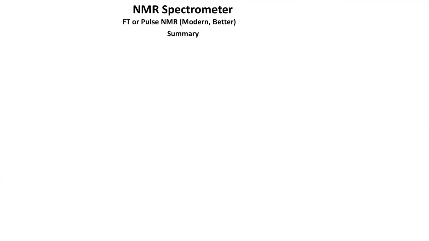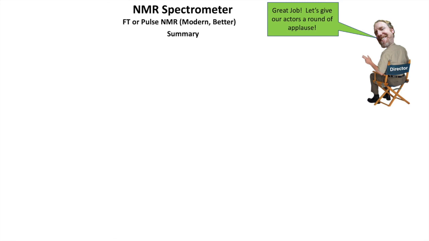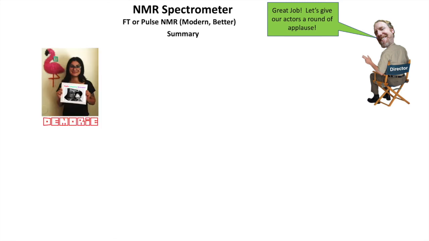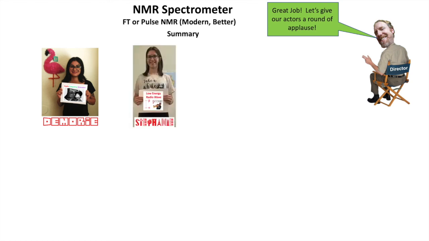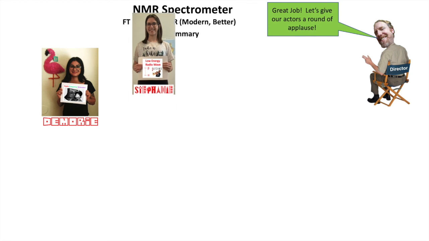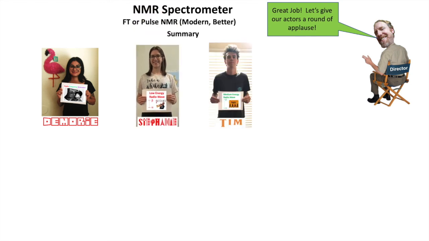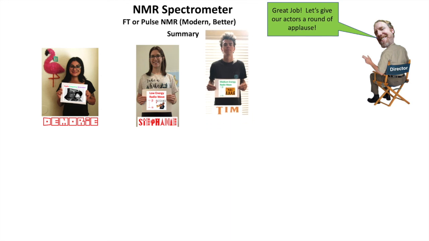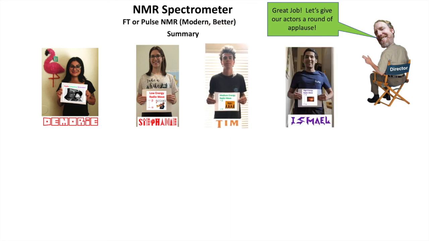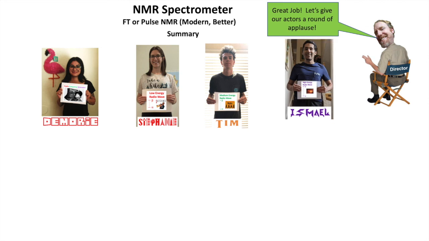That's a wrap. Great job. Let's give our actors a round of applause. Demarie, this radio frequency generator, and her pink flamingo. And Stephanie, our low energy radio wave, with Satchmo. Tim, our medium energy radio wave, the Beatles. And Ishmael, our high energy radio wave, Dio.